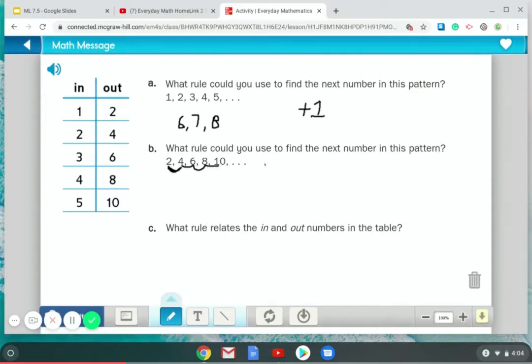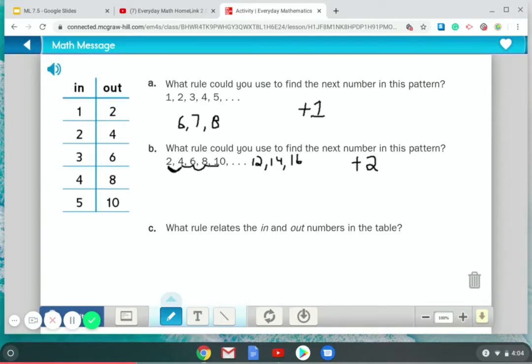So this suggests that the next set of numbers in the sequence are 12, 14, 16, and so on. The rule for B would be +2. So you're adding 2 to each new whole number in the sequence.